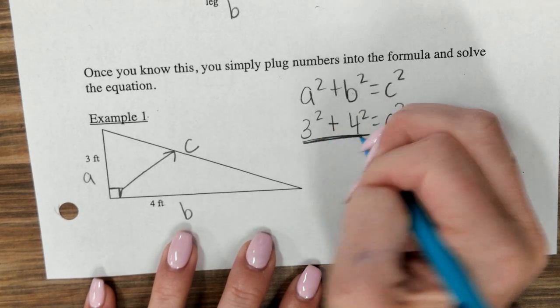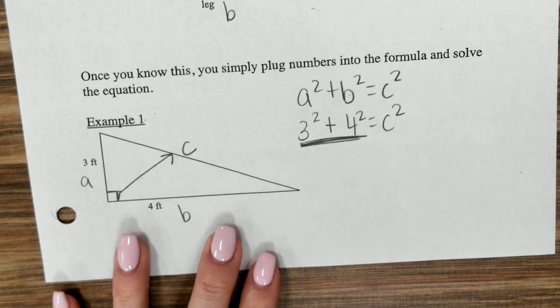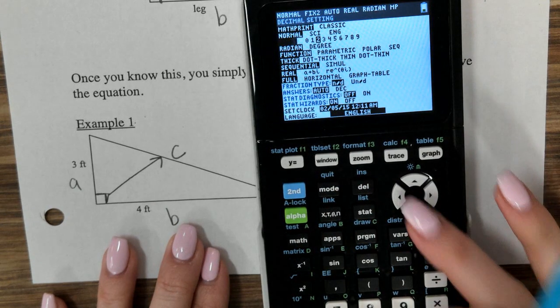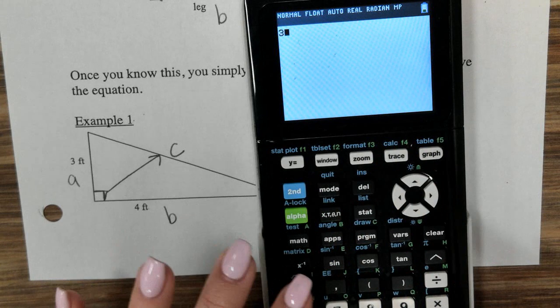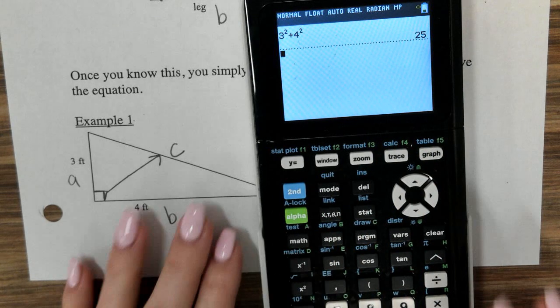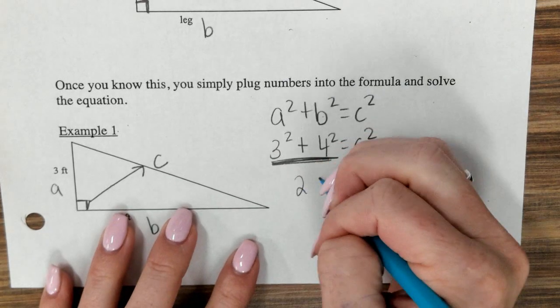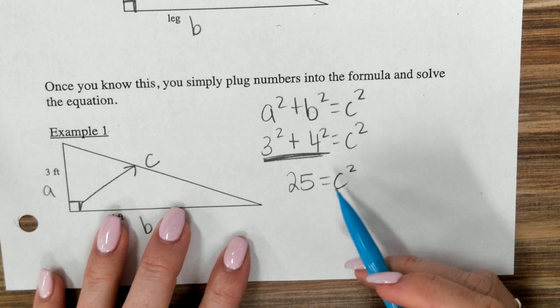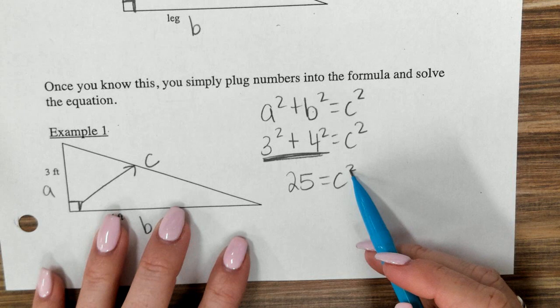So I can add these together. 3 squared plus 4 squared, I believe, is 25. It is. But I have not solved for c yet, have I? What have I solved for? C squared.